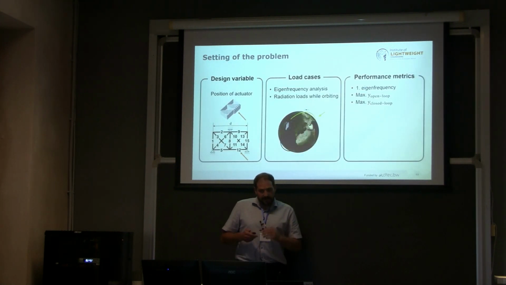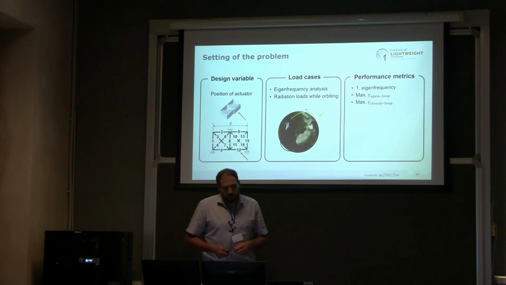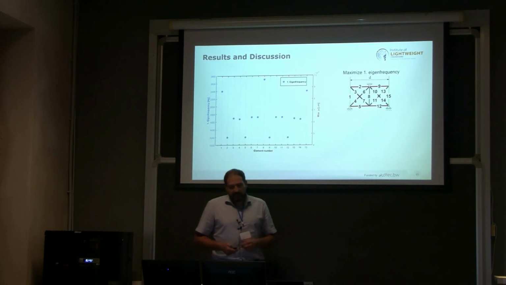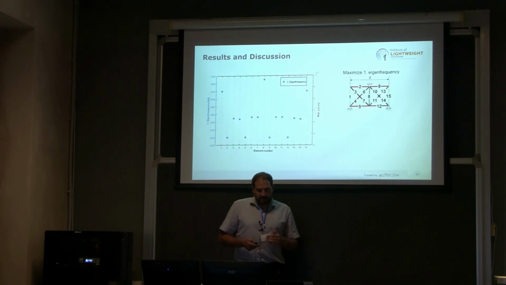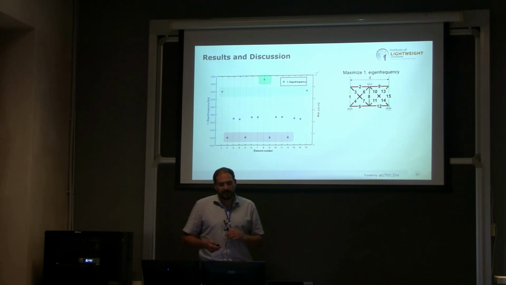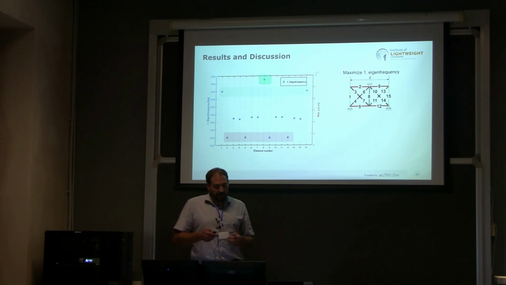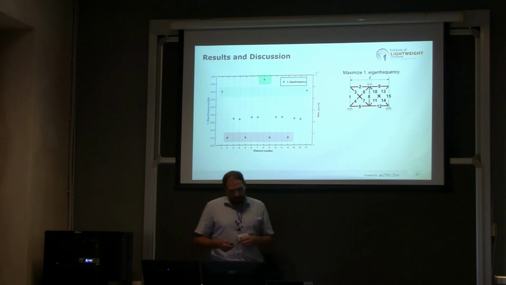So again, this is the setting of the problem and what are the first results. So if you here look where to put the actuator, if you want to have a maximum stiff structure, it's kind of intuitive that you shouldn't place the actuator on position 2, 9, 5 and 12, but rather on 1, 8 and 15.